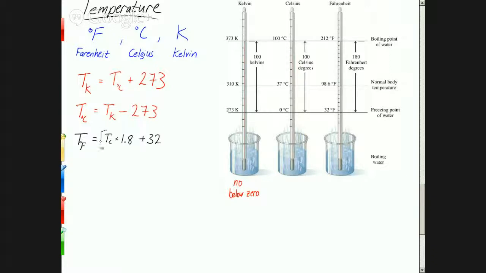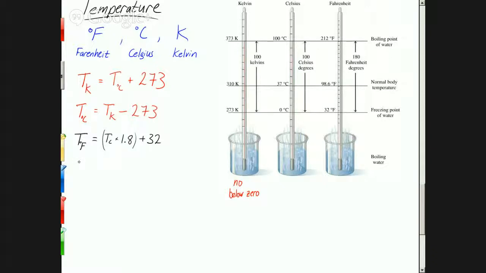You have to do the multiplication first before you add the 32, or it doesn't work. Many modern calculators, like scientific calculators and graphing calculators, will do this automatically. So if you type something times something plus 32, they'll make sure to do the multiplication first. But if you have a simpler calculator, it may not do that. So make sure you do that multiplication first and then add the 32.